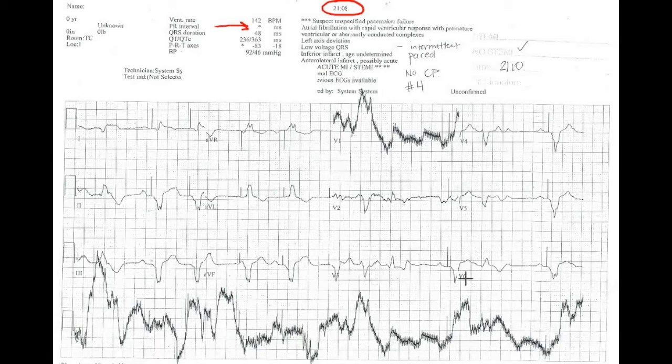Don't see any P waves, a couple possible P waves in here. But right now the monitor's thinking no P waves, non-sinus. QRS is being indicated at 48, which is a narrow QRS. Again, I'm seeing some wider QRSs here. So that's a difficult determination to agree with.